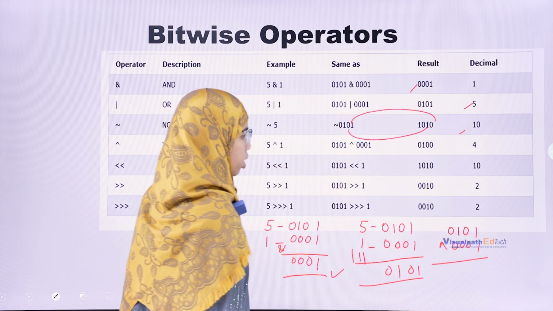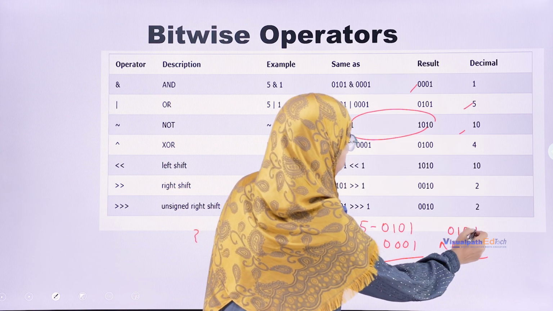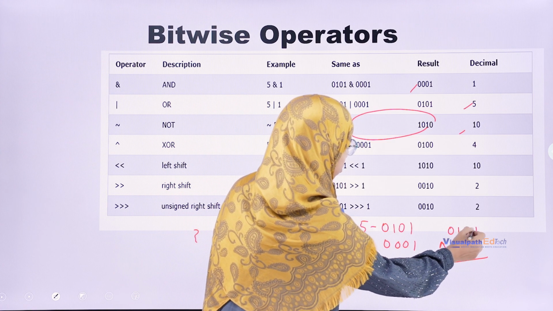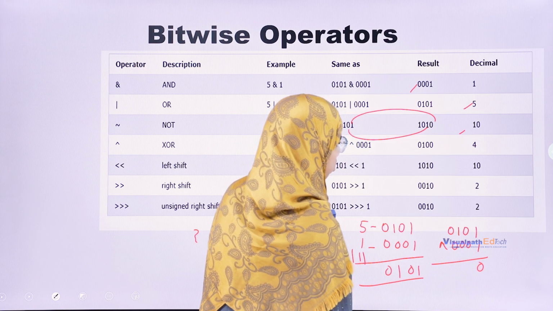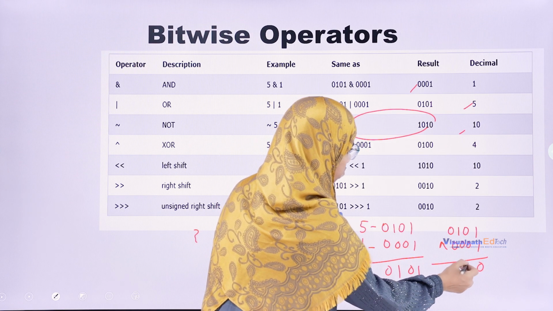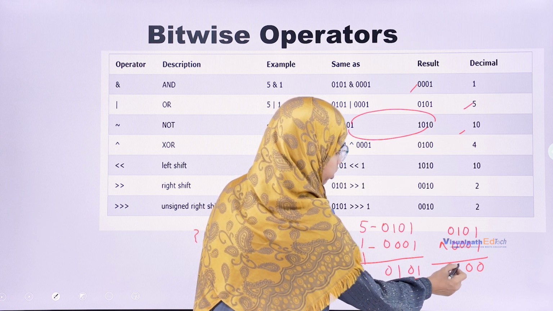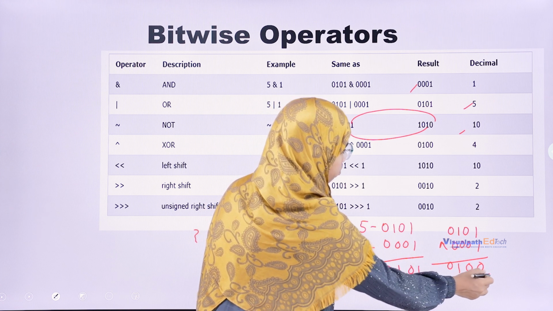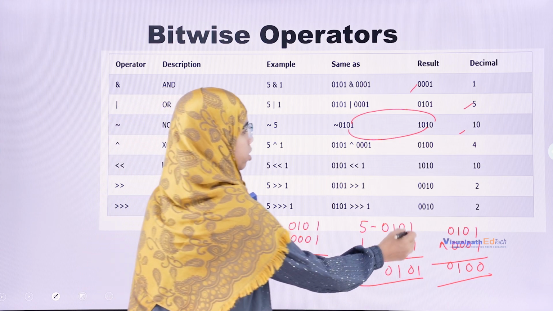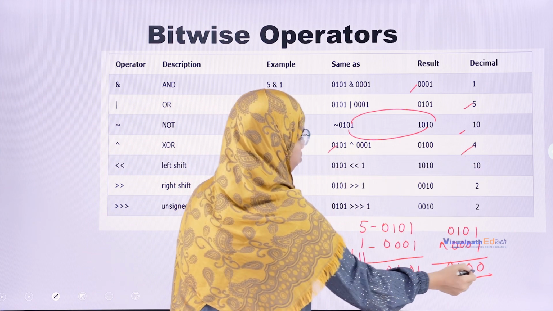How will XOR work? If both of them are similar, the outcome will be 0. If both of them are opposite to each other, then only the output would be true. If not, it is false. So this is the result of your XOR, that is 4.